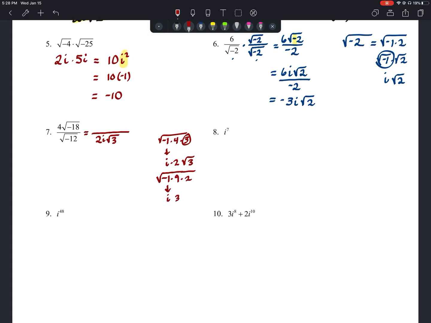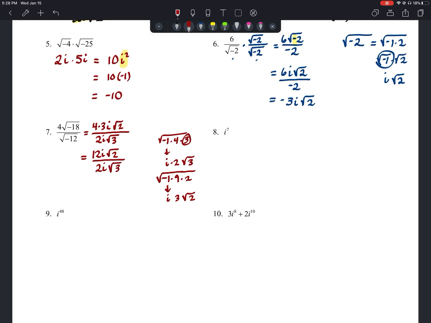And then we can't take the square root of 2, so we're going to leave it inside. So we've got 4 times 3 times i times the square root of 2. Now we can simplify that and call that 12i times the square root of 2. On the bottom, we have 2i times the square root of 3.